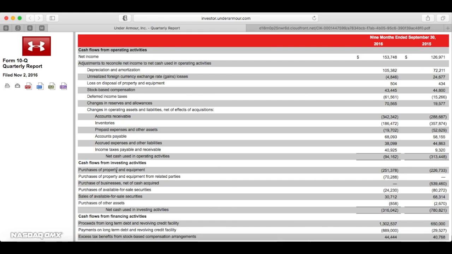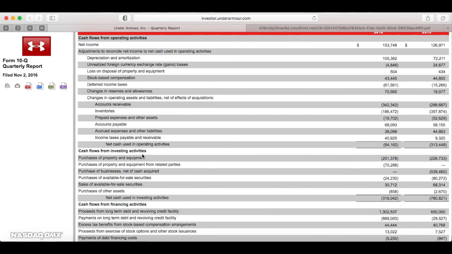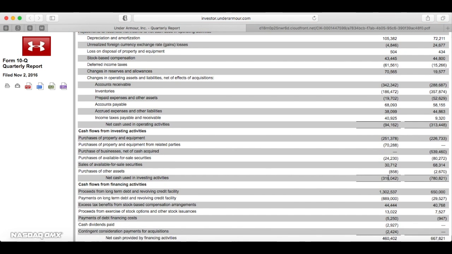We see purchase of property and equipment, and purchase of property and equipment for related parties. Some different things going on here, but these are from different investing activities that Under Armour does, and it's showing you how that cash flowed out of the business.